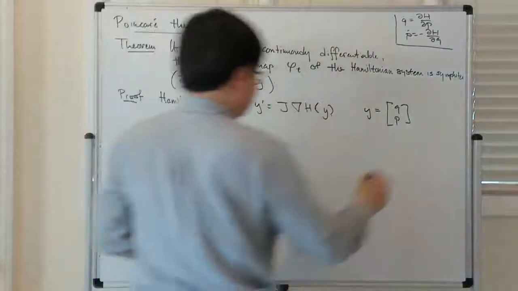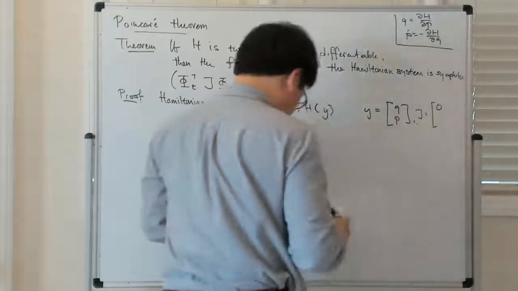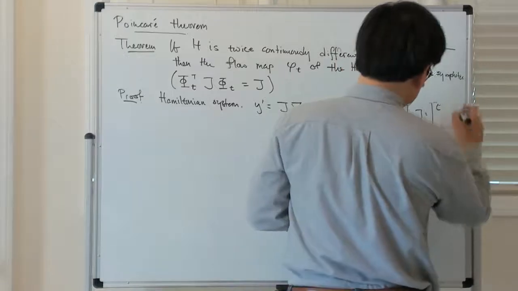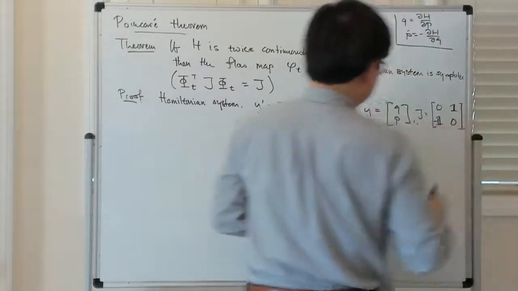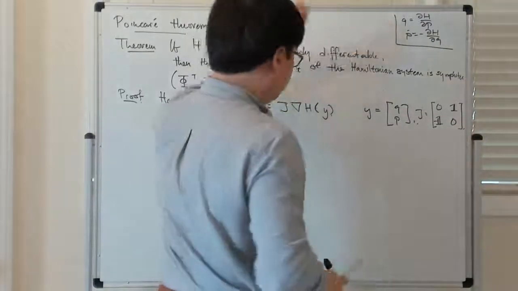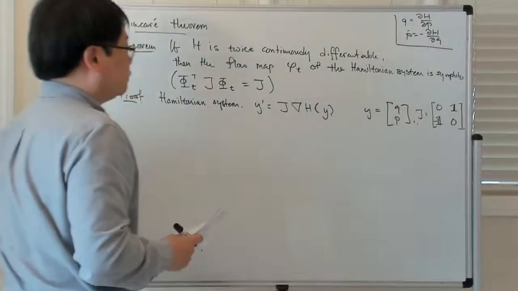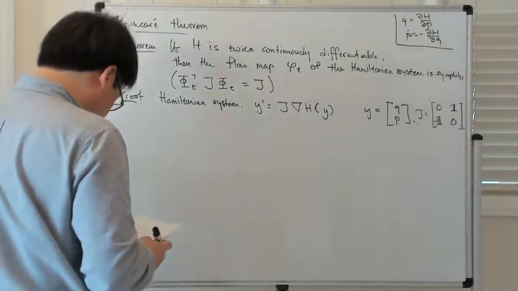And J, if you recall, is this 2D by 2D matrix, which looks like the following. And it gives you those equations, so this is just this set of equations here.